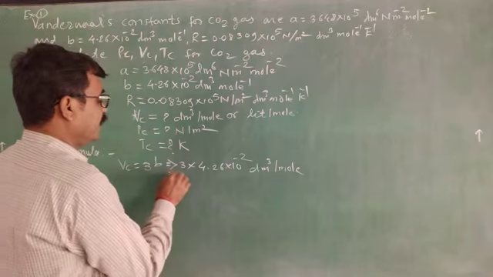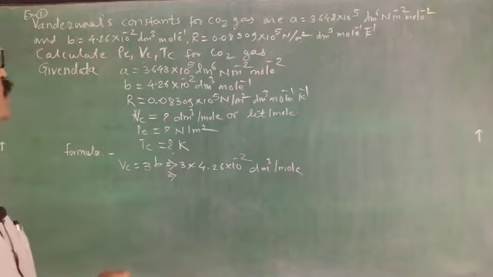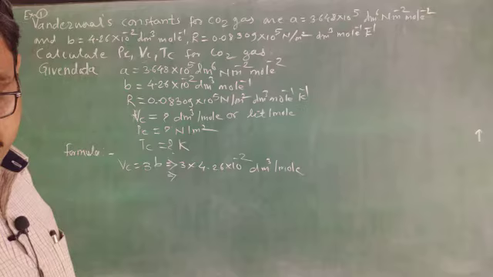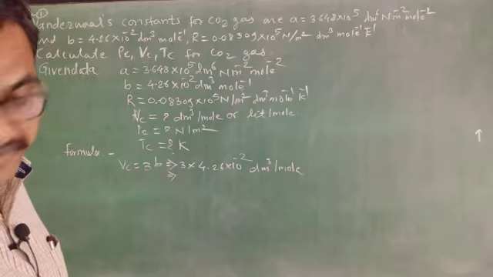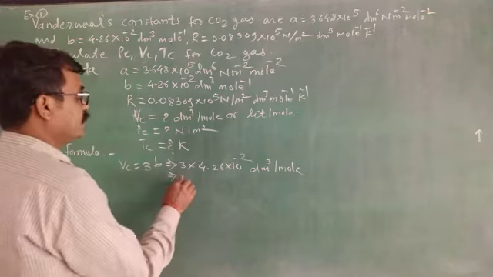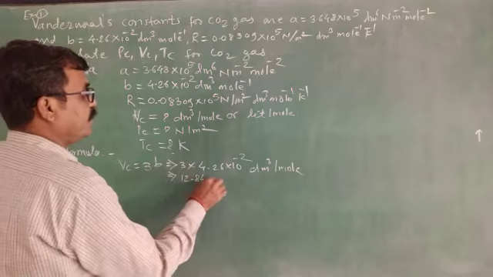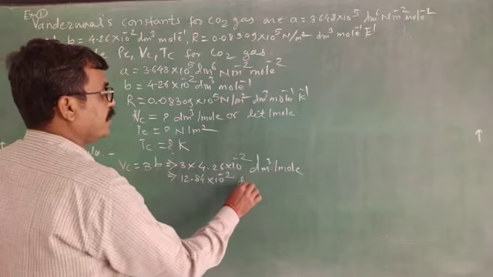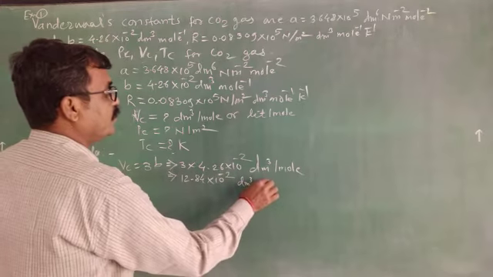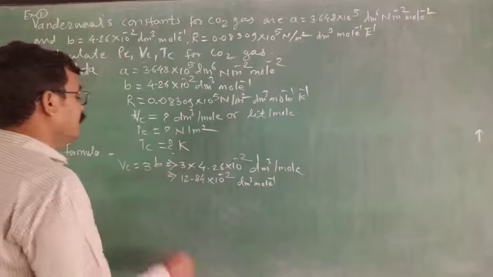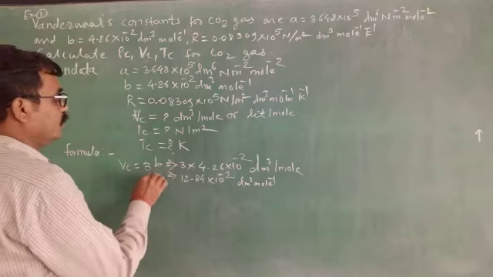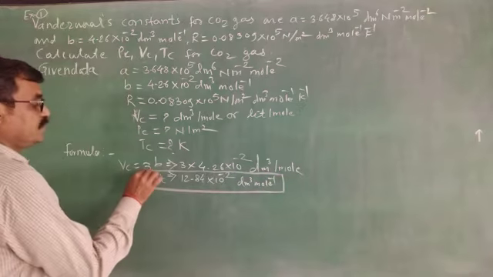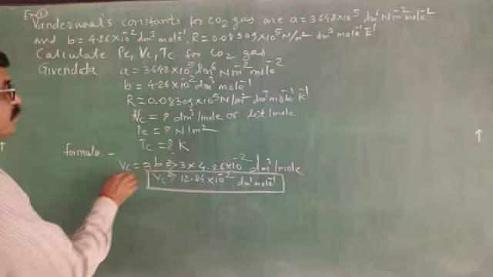If you multiply 3 into 4.26, it comes out to be 12.84. So it is 12.84 into 10 raised to power minus 2 dm cube per mole. It is volume. This is the first quantity which we determined from this formula.